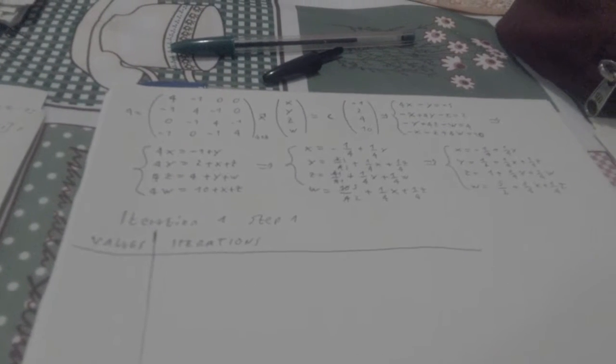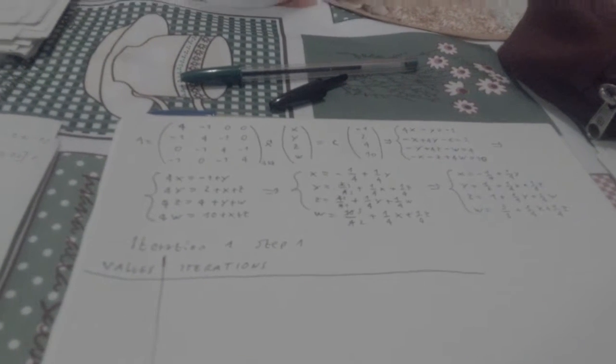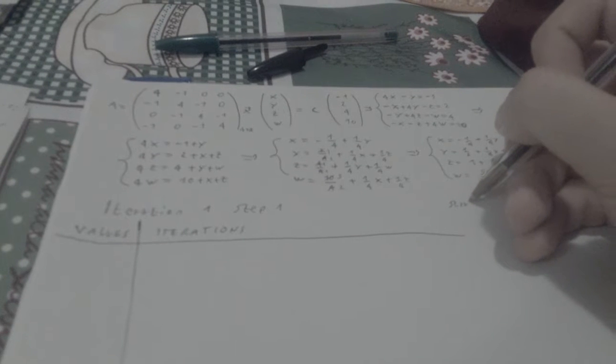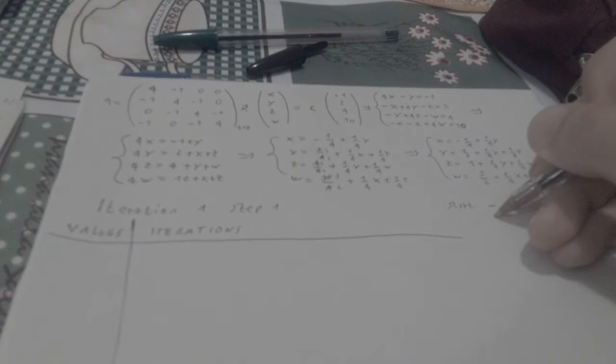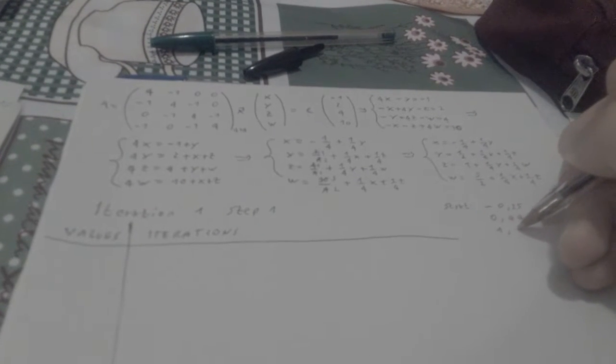If the book or the professor or teacher doesn't tell me anything, I start myself with something random. In this case, since I copied it from the book, it was saying to start with these values: negative 0.25, 0.44, 1.11, and 2.72.